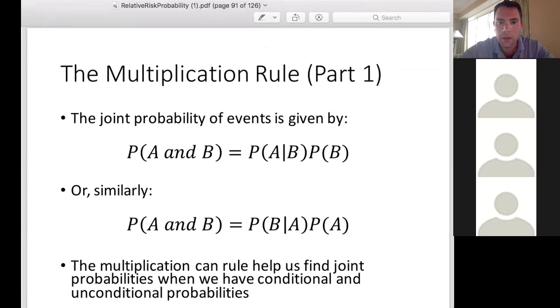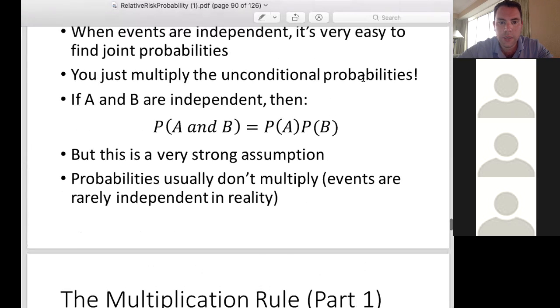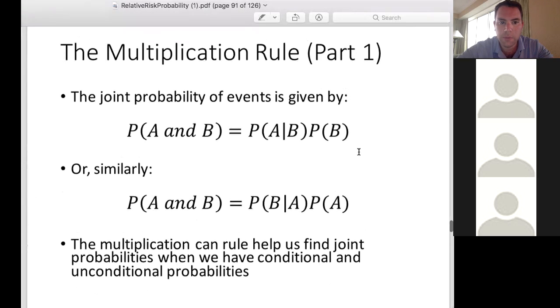Okay, great. So as we were saying, this is the multiplication rule, which we're using for dependent events in order to calculate the joint probability of both events occurring at the same time. So we can use this formula.